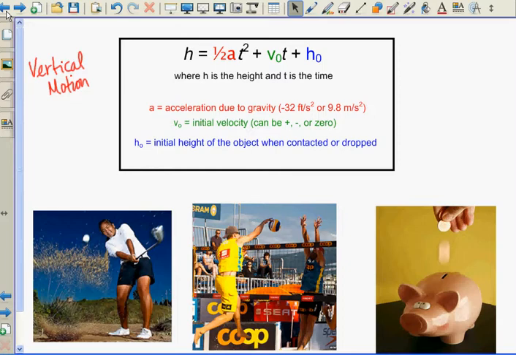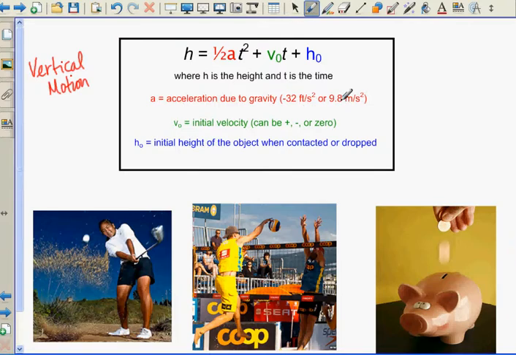The quadratic piece is all about gravity. And that's this acceleration due to gravity. And either we're going to be measuring in standard units, which is feet and seconds, and gravity is always negative 32 when we're measuring that way. And if we're measuring in metric instead of standard, this should be a negative because gravity is always going down.